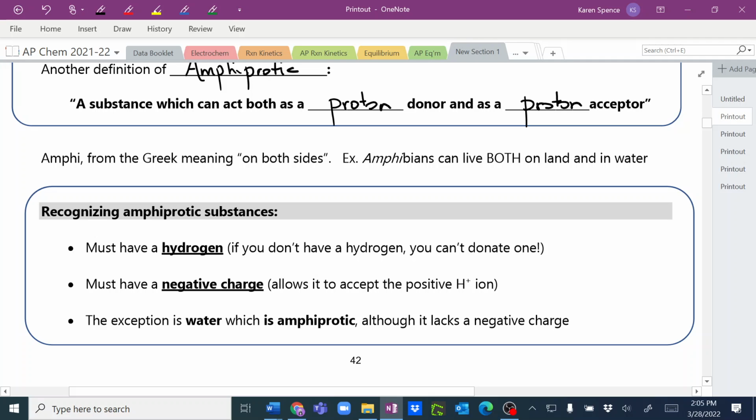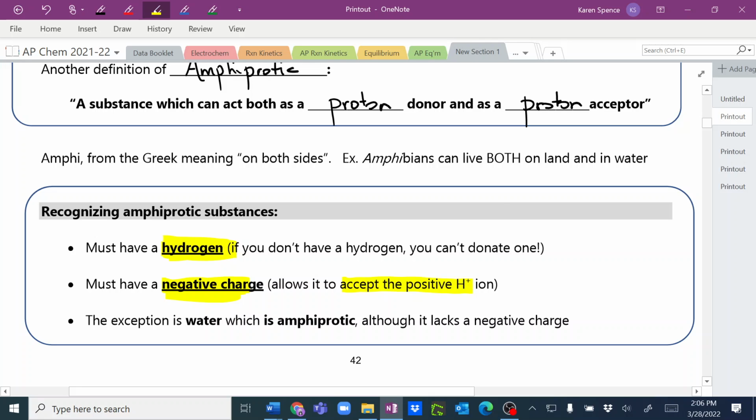Now, how are you going to know that a substance is amphiprotic just by looking at it? Well, you have to have a hydrogen, because if you don't have a hydrogen, there's no hydrogen to donate, yes? If you are amphiprotic, you must have a negative charge, because that's going to allow you to accept the positive H+.